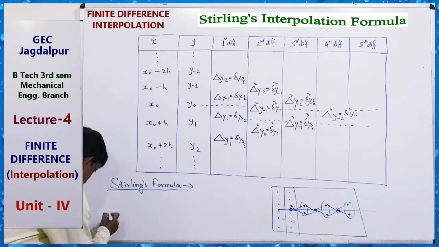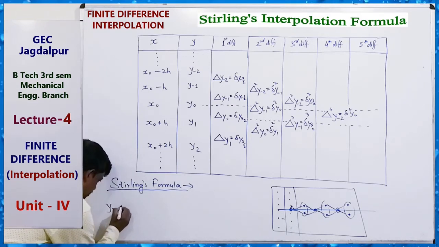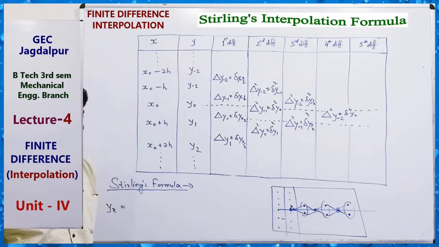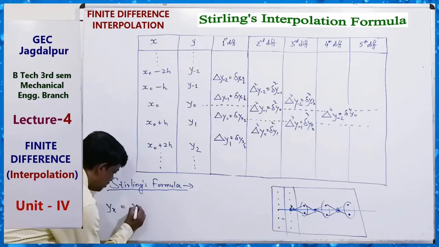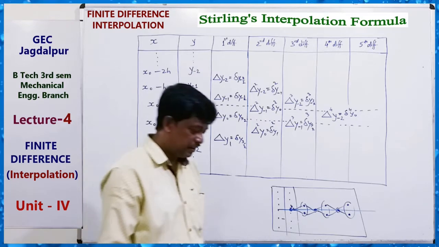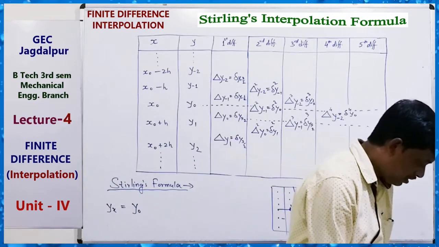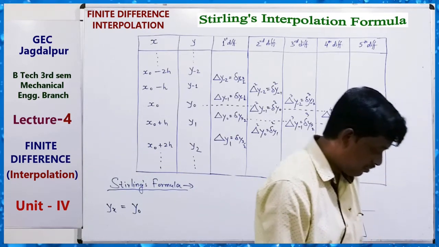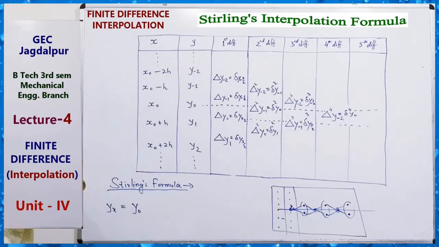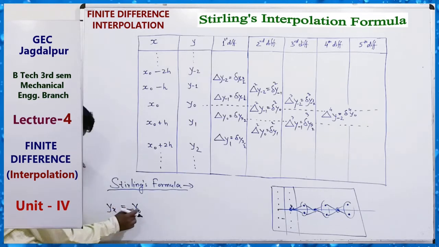So here, just like Newton's forward interpolation formula and backward interpolation formula, here is the Stirling formula, a central difference formula. Okay, so yx equals the first value y0.